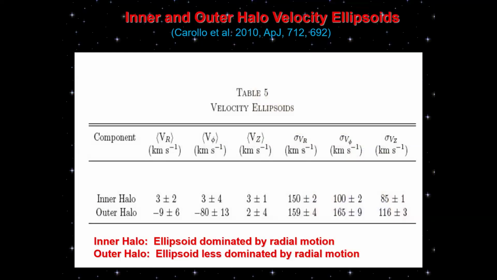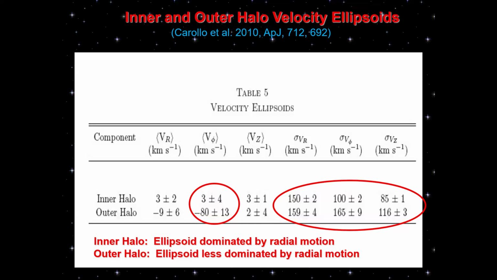When I talk about prograde and retrograde, it is a very important distinction. Prograde stars move in the same direction as the galactic rotation. Retrograde stars rotate in the opposite direction. These are the velocity ellipsoids for the components that we have identified. As you can see, the inner halo is basically not rotating.